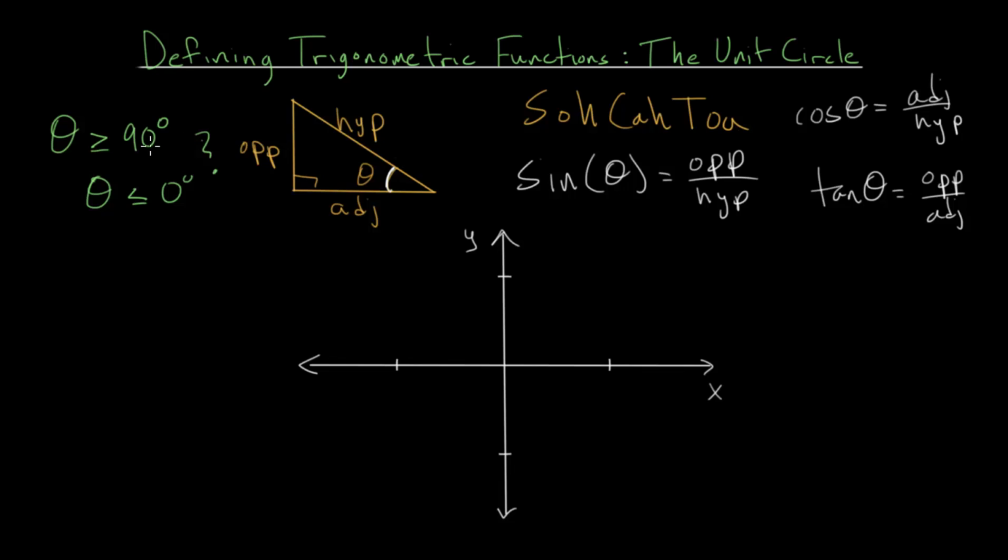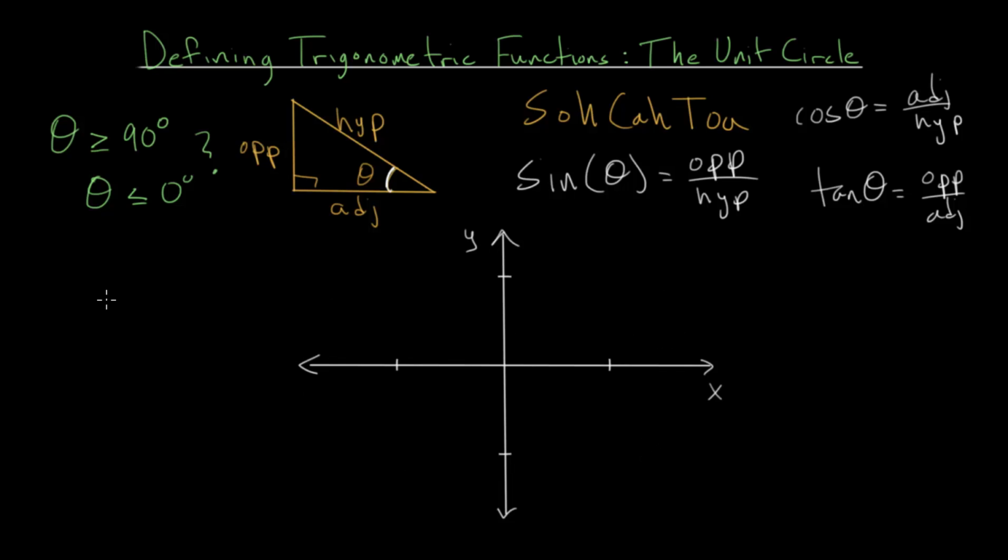When we encounter these cases, let's say theta is 120 degrees, we would no longer have a right triangle, and these definitions wouldn't work. So we need to come up with a new way to define the trig functions so that we can extend this definition to basically any angle, positive or negative. And the way to do that is to use the coordinate plane.